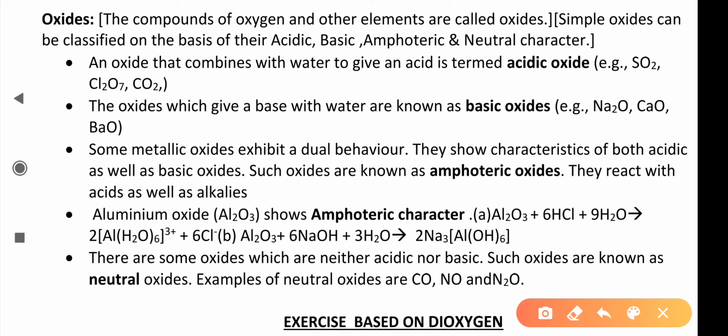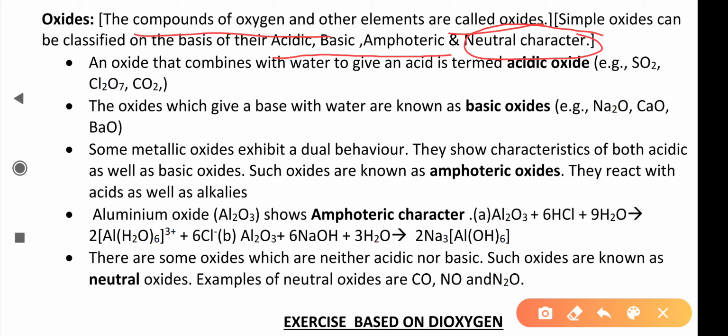As we know, oxygen reacts with almost all compounds to form oxides. These oxides are generally classified into three categories: acidic, basic and amphoteric oxides, and some oxides are also neutral.